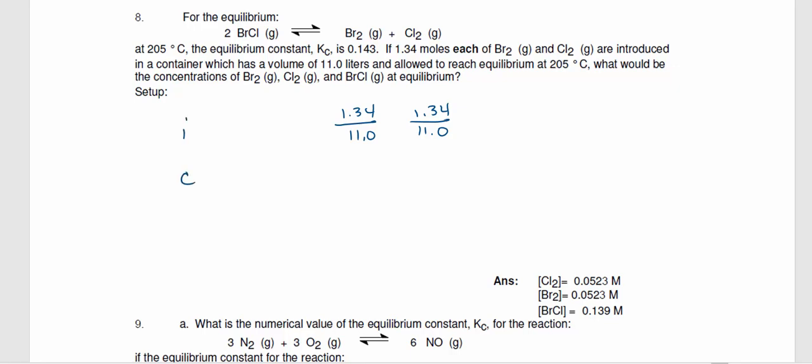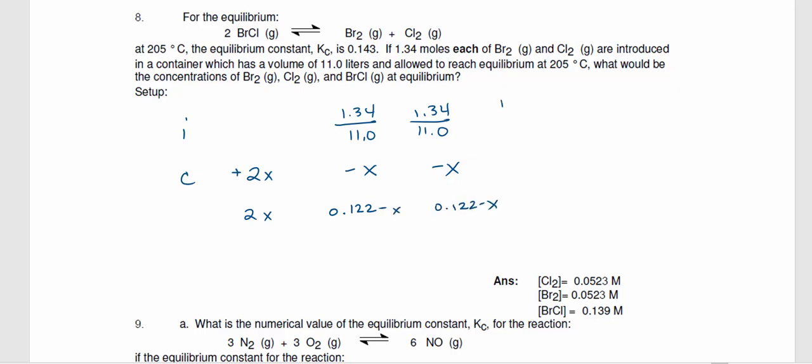We're going to change by some value. So I'm going to be adding 2x to BrCl, the reactant side, and I'm going to be removing x from the product side. And then I will find the equilibrium concentrations. So I'm going to give you this value that I have here. 0.122 is what I used.